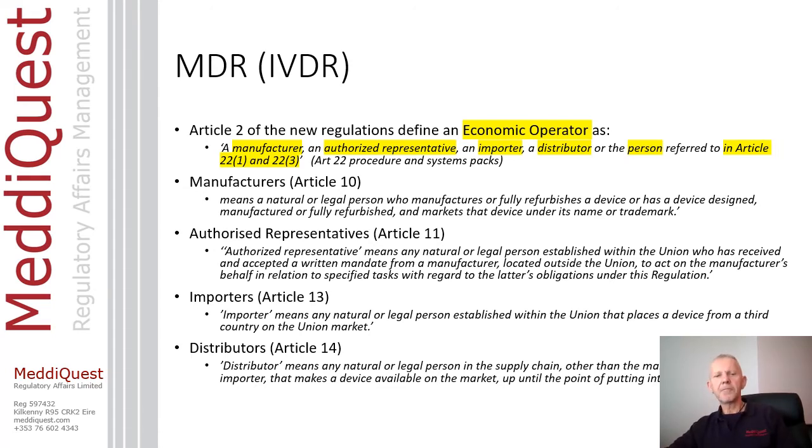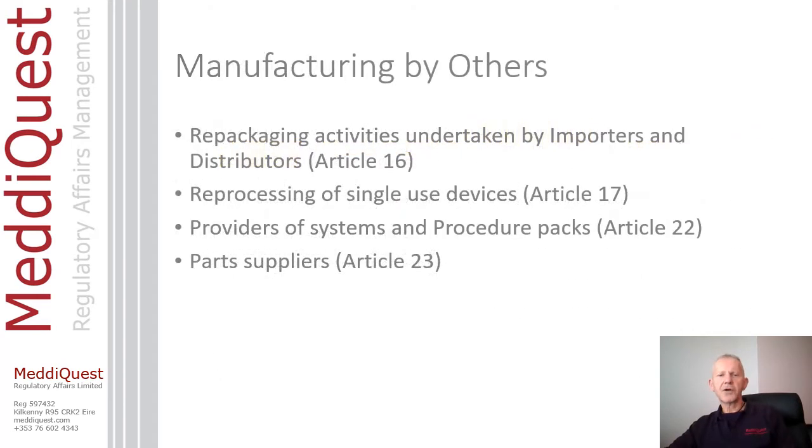Distributors, again, the importer may be a distributor, there may be a primary distributor, there may be secondary distributors, tertiary distributors underneath. It may be a complex supply chain as it moves throughout the European Union. We also have other people who may be involved in manufacturing, and we need to consider them in this sort of discussion.